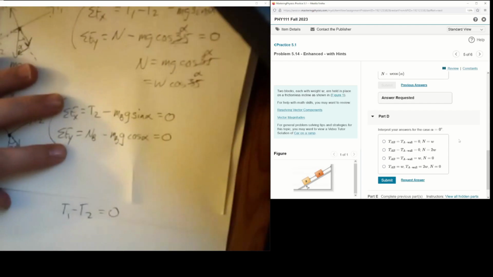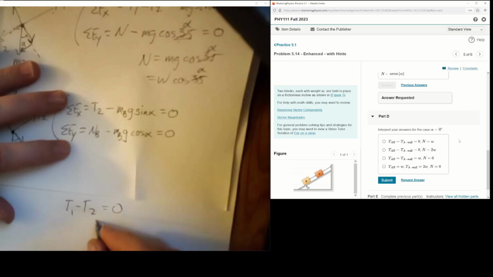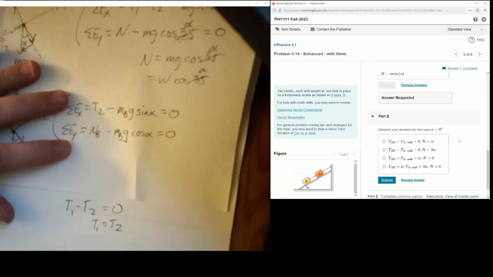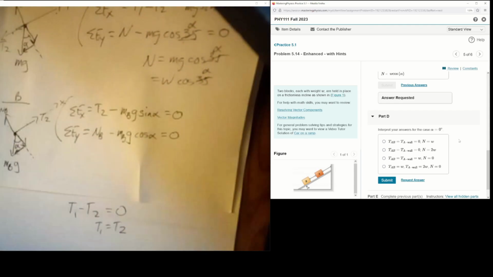And so we would get T1 equals T2. In other words, the tensions would have to be the same. And if we just look, we can see that the first 3 selections all have the tensions equaling. The last one doesn't, so the last one's wrong.